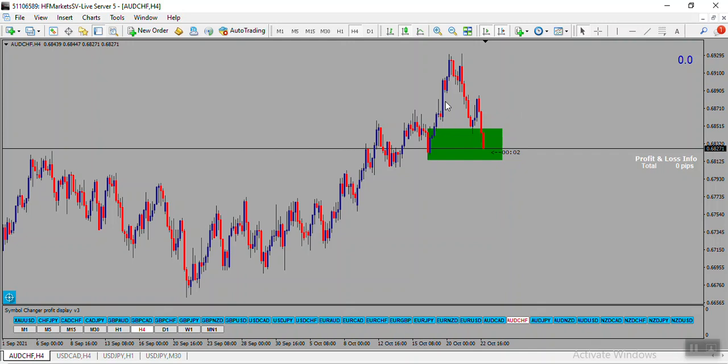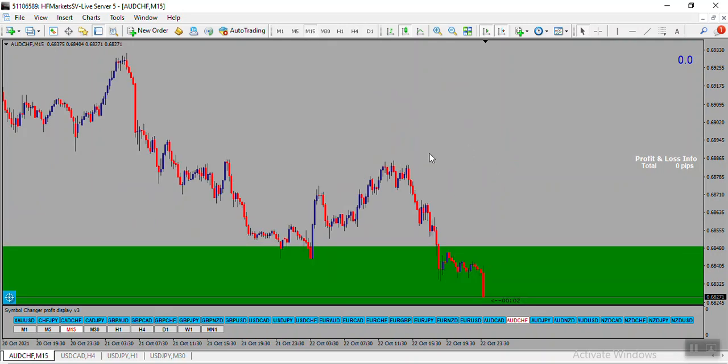This is the order block, and price has entered the zone, so I'll be hoping for a buy here. I'll drop to the 15 minutes time frame, then look for my setup, then take my entry.